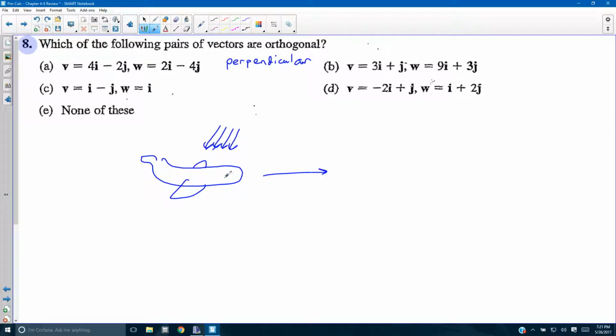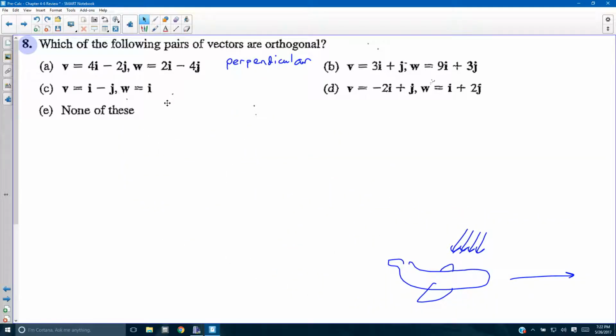If there's a crosswind going at a plane that's going this way, it might push the plane this way a little bit. However, it is not affecting its speed in this direction at all. The work done on it is not affecting the speed in the direction that it's going. So what I'm looking for with perpendicularity is that if you take the dot product of two vectors and the result is 0, I'm going to look at part A.